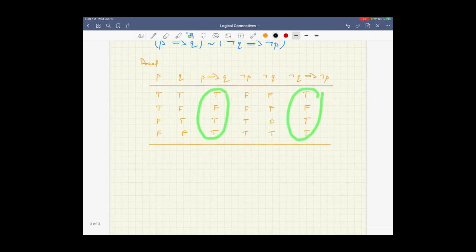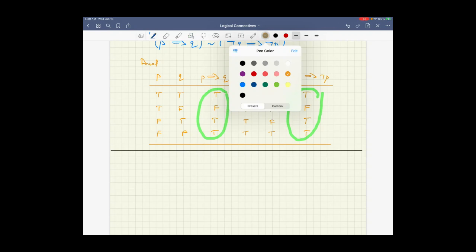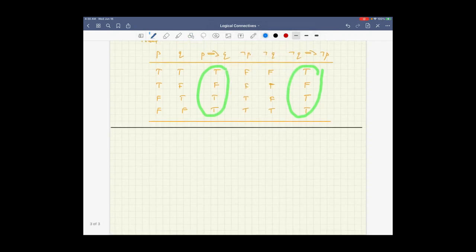Alright, another useful statement is the negation of implication.